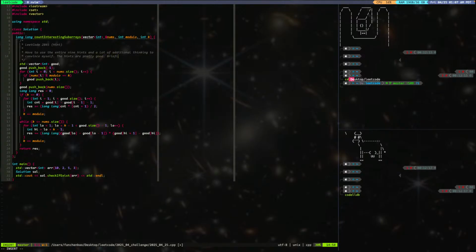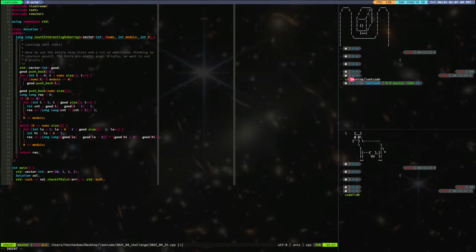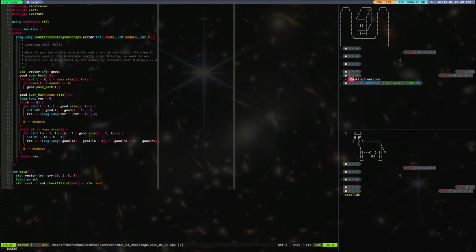Briefly, we want to use a prefix sum to keep track of the number of elements that modulo equal to k. Right, that's what we want.